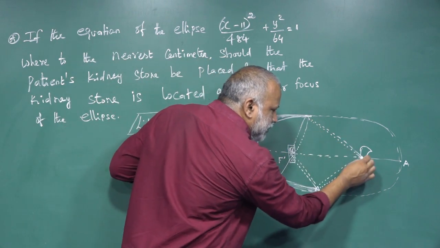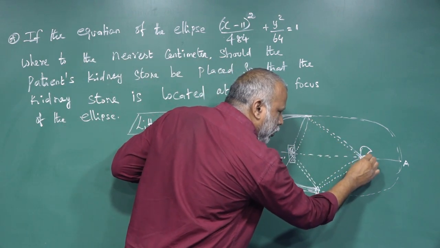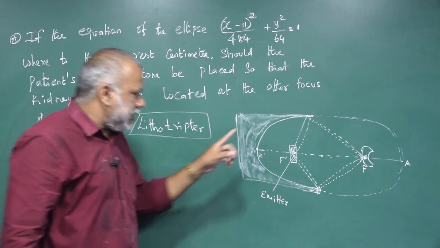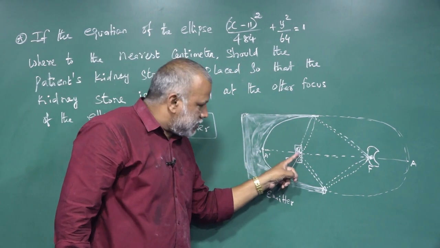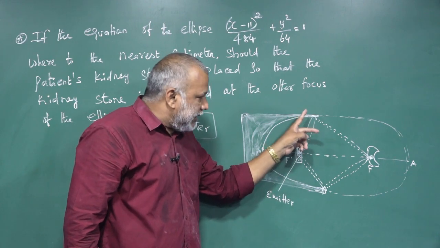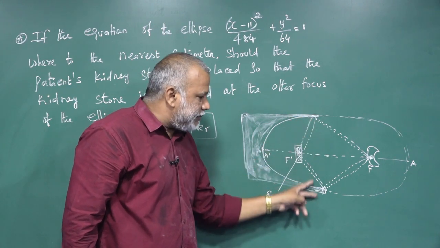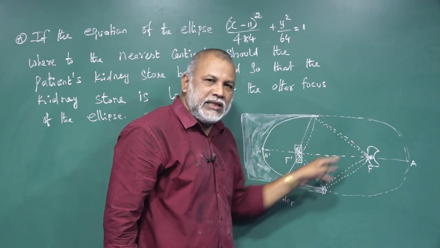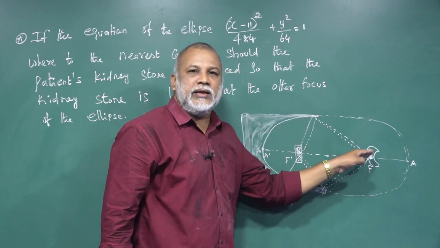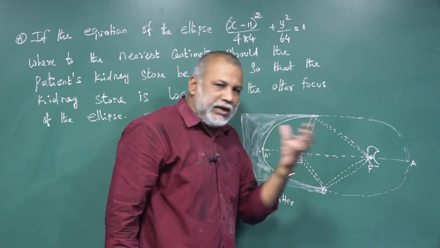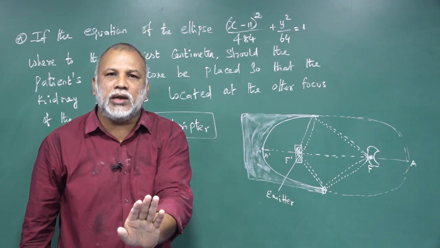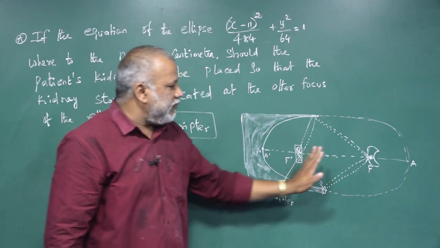All these sound waves are focused at the patient's stone. From this emitter, sound waves are emitted and reflected by the elliptical reflector, and again placed at the patient's kidney. So the bigger part of the stones may be reduced into smaller parts. This is the concept we are using.